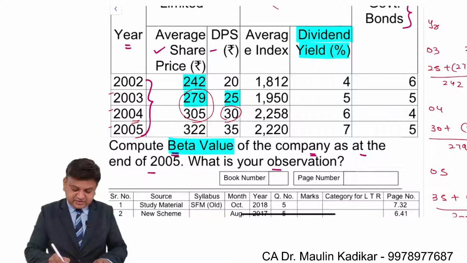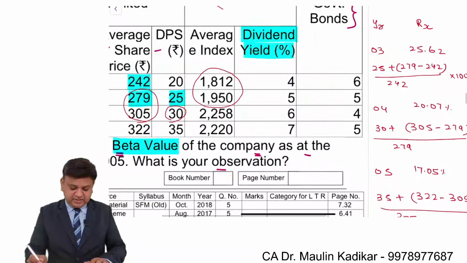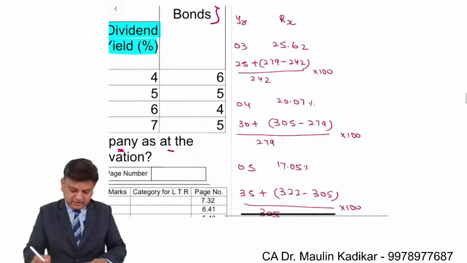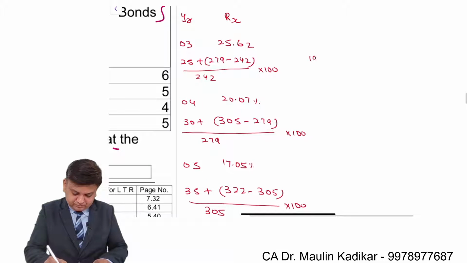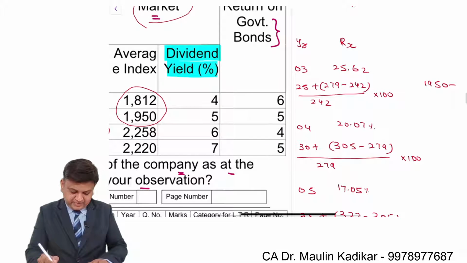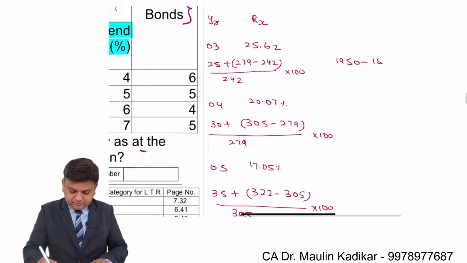So, friends, the difference of these two is the capital gain yield, that is 1950 minus 1812 divided by 1812 into 100.